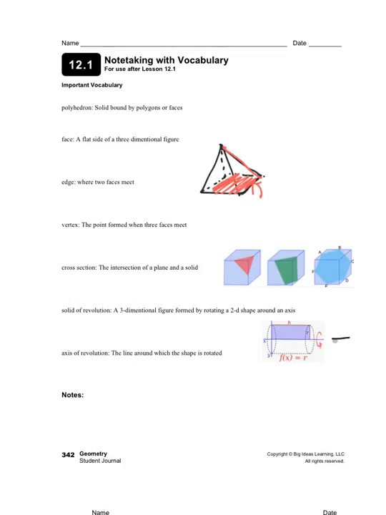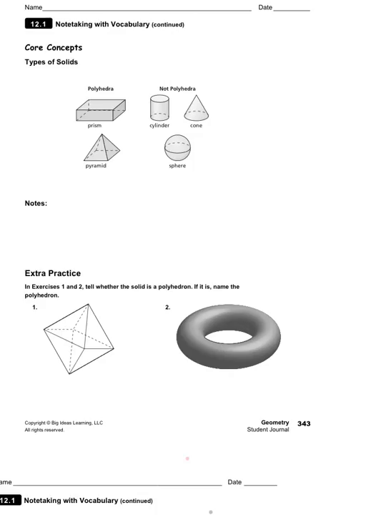This right here is the axis it's rotating about, and that is called the axis of revolution. When you rotate that figure all the way around, as it's showing, it creates a cylinder.